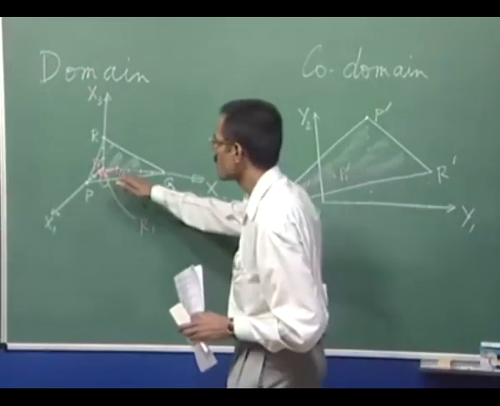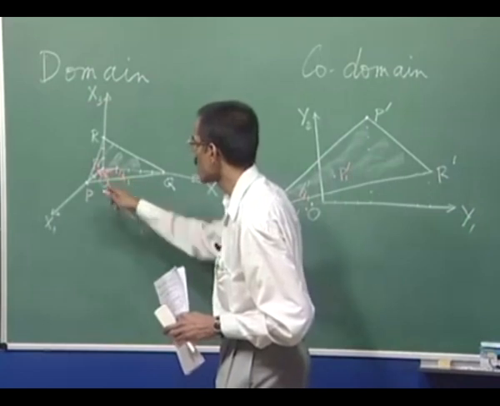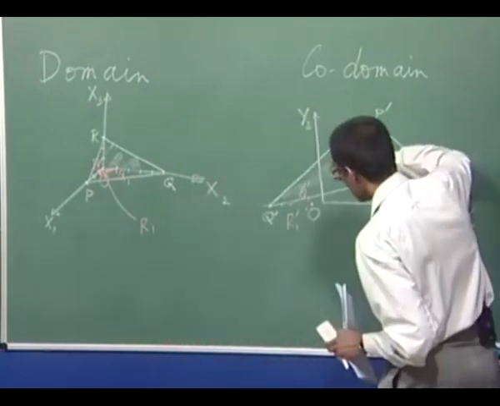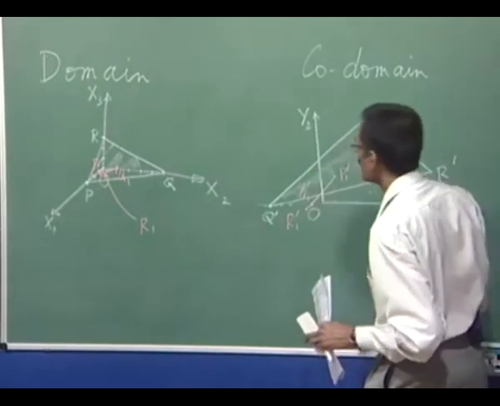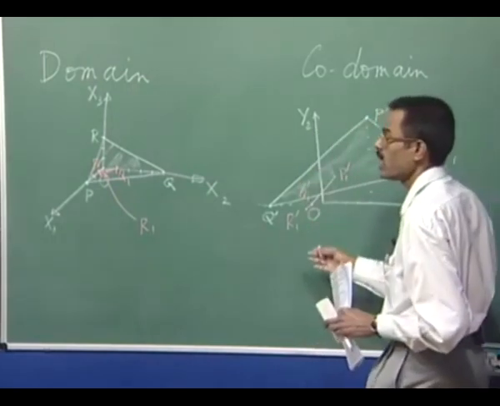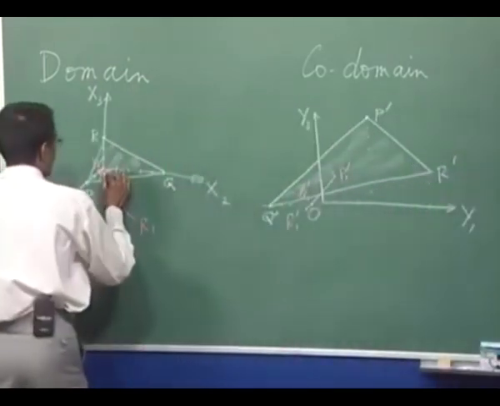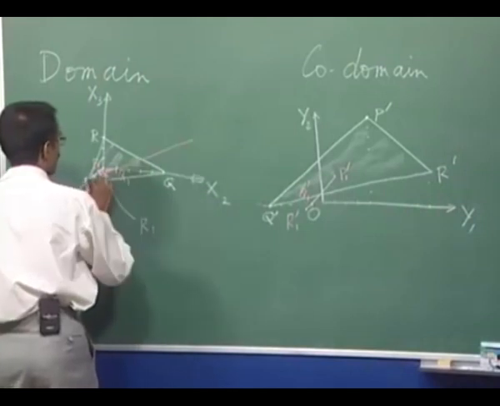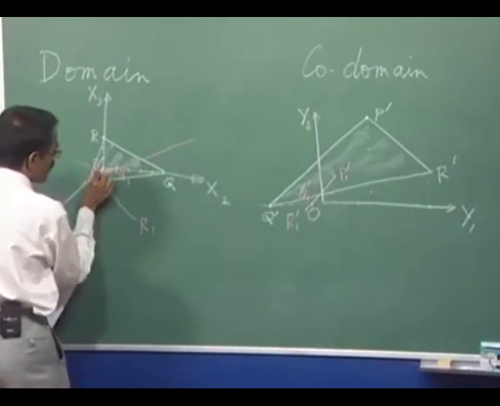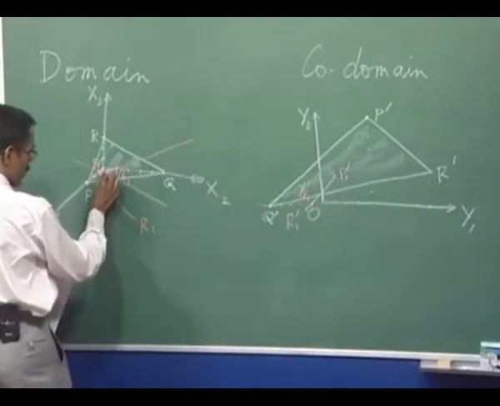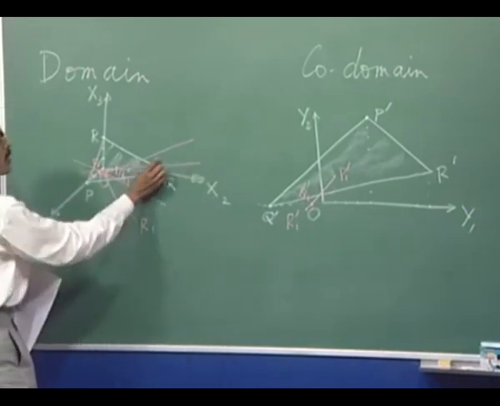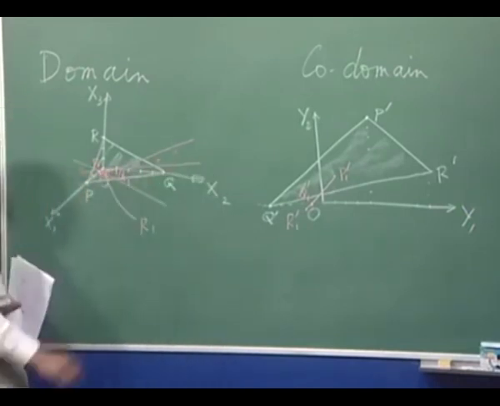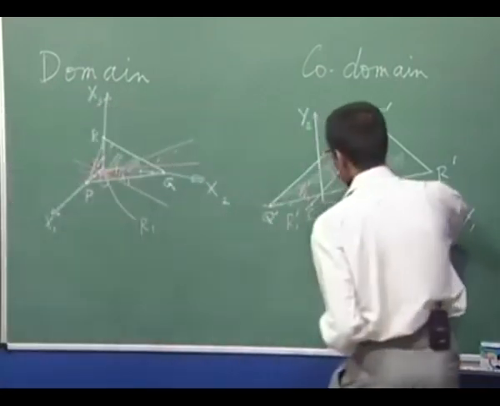So, where will this triangle P1 Q1 R1 go? P1 prime, Q1 prime, R1 prime, they are collinear here, and therefore, this entire plane of P1 Q1 R1 from here will get mapped to this line.